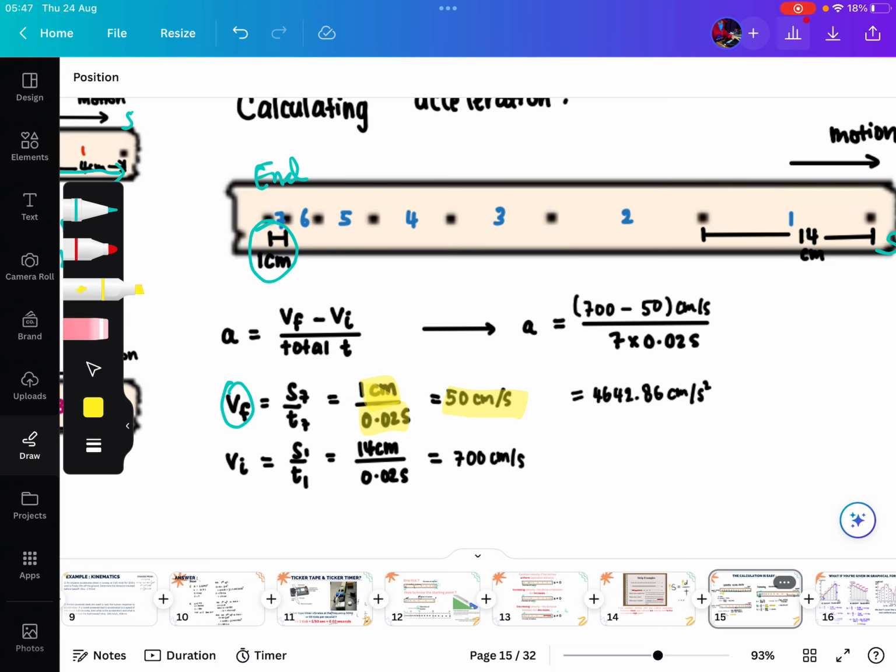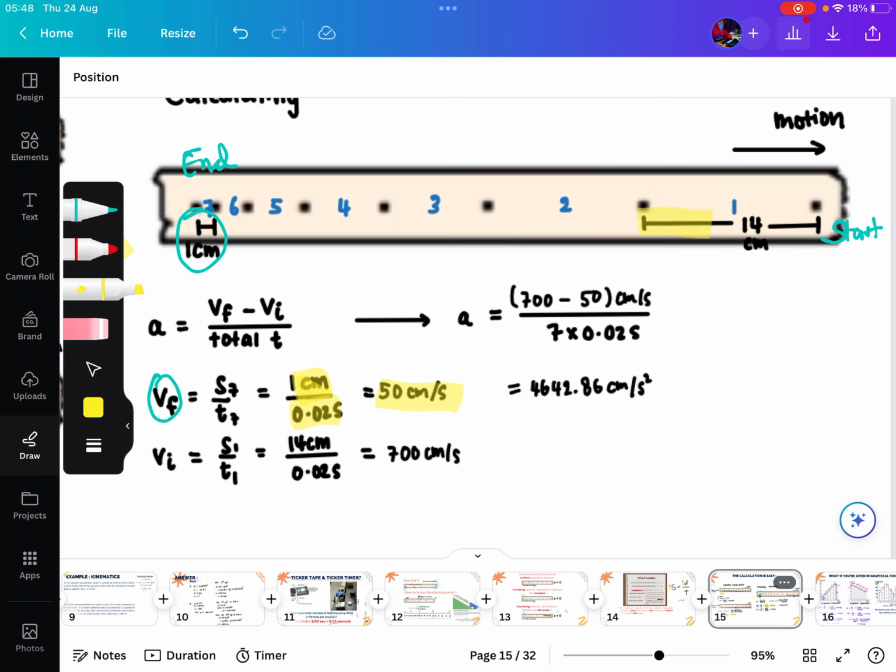Then you do the same thing with the starting or initial point: 40 cm divided by 1 tick, because it is between this and this, 0.02 second. Why 0.02 second? Because we are considering a 50 hertz ticker timer. Finally you get 700 cm per second.